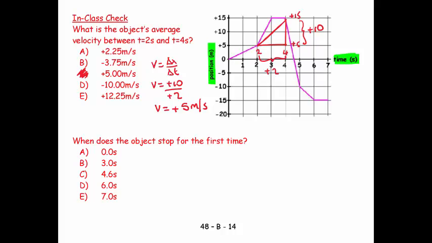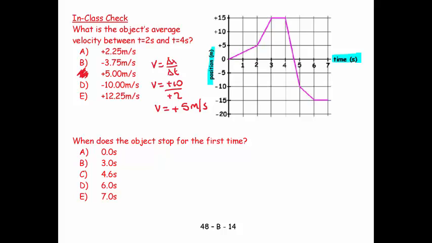And then, when does the object stop for the first time? Let's clean up. So again, let's just, pedantically, double check. I've got a position versus time graph, and I want to know when I stop for the first time.